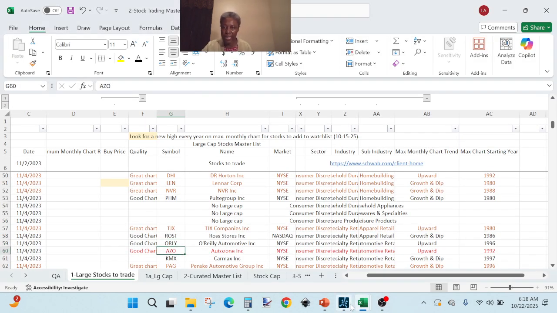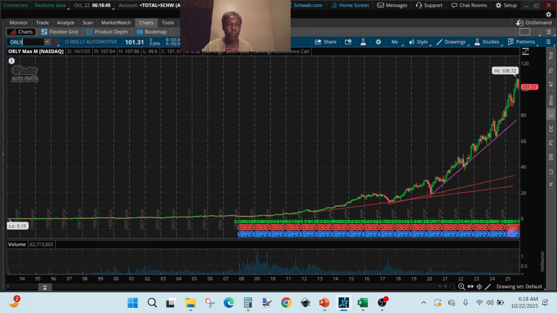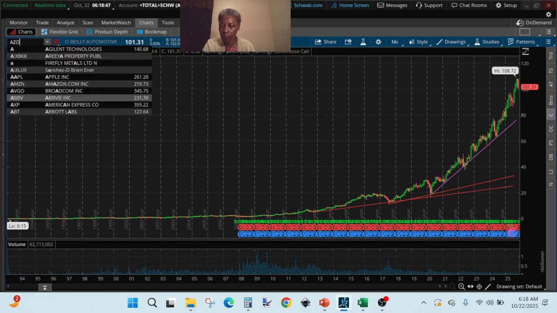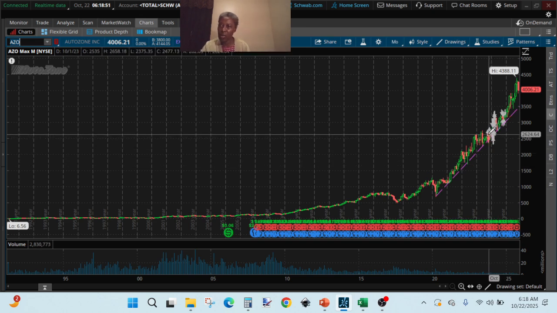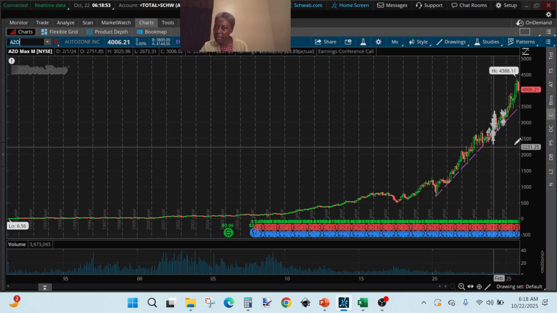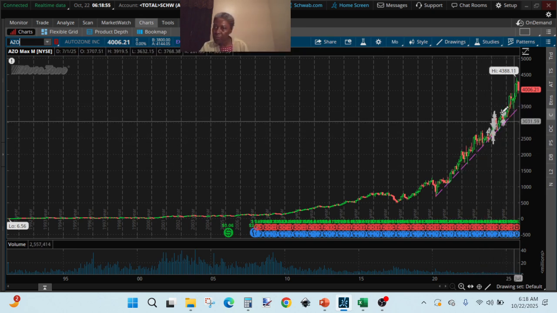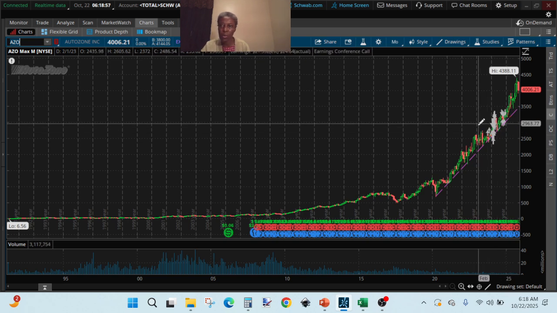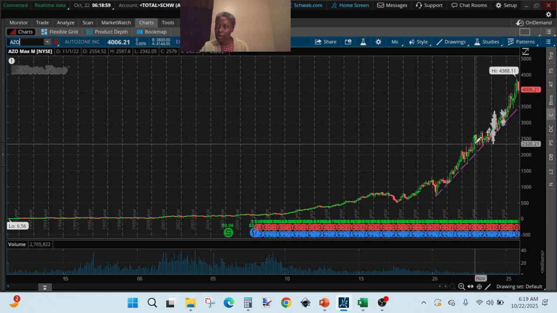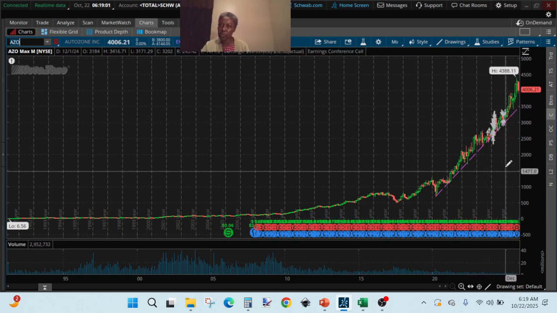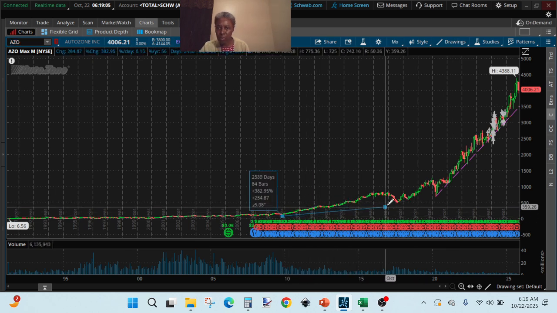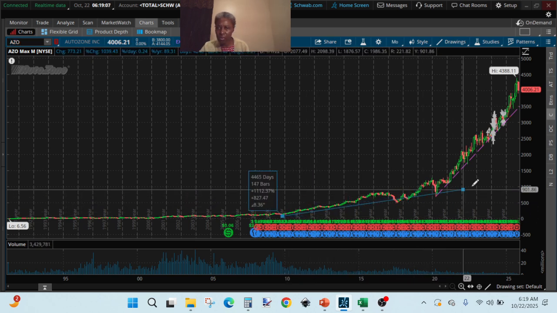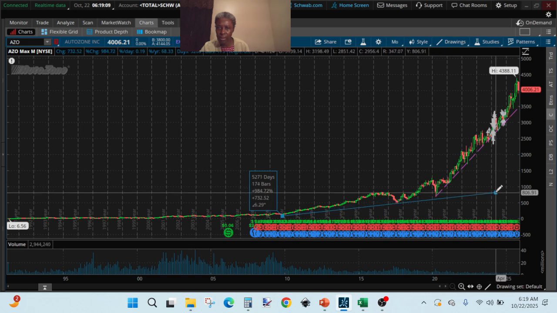The next one is AZO. AZO has a clean chart as well. We purchased it in 2024. I'm not even sure if we sold it the last time we purchased it, but let's see if we can trace some support lines. This will go right through. I don't want that.